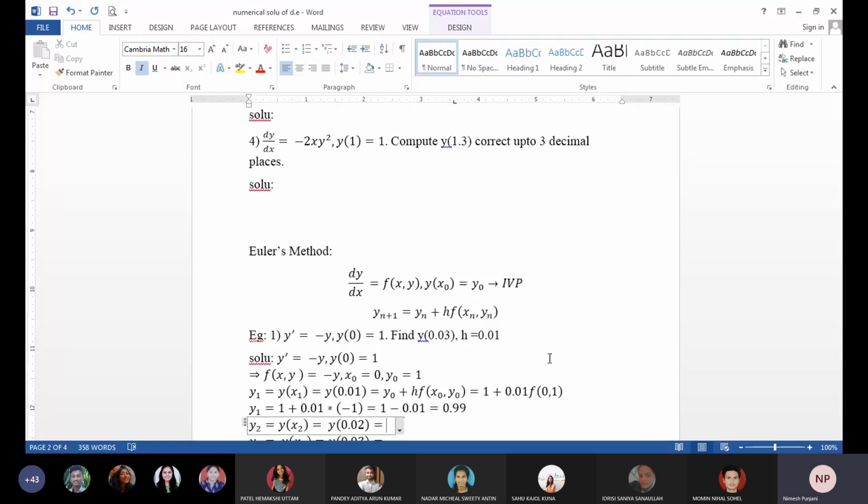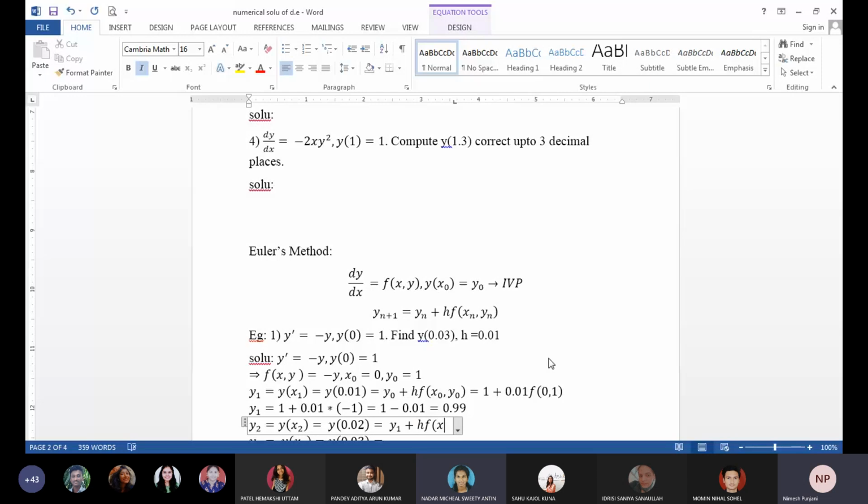For y2, what do I have to take for n on the left hand side? 1. If I take n as 1 on the left hand side, you will get y2, and what will you get on the right hand side? y1 plus h f of x1, very good.